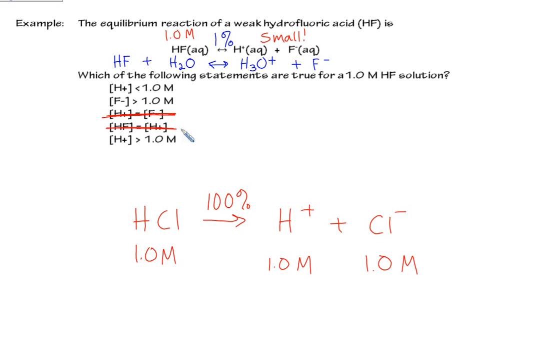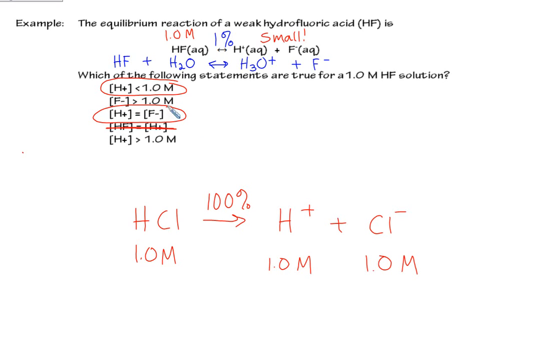This thing might shift forward, but not by much. Oopsie, I crossed off the wrong one. We want that one. Will we produce hydrogen? Yes. But it'll be less than 1 mole per liter. We're not dissociating by 100%. However, we can say this. I crossed off the wrong one before.